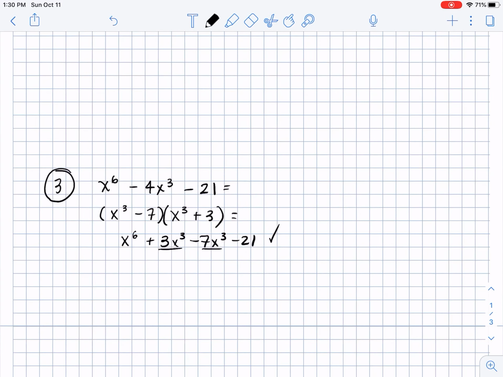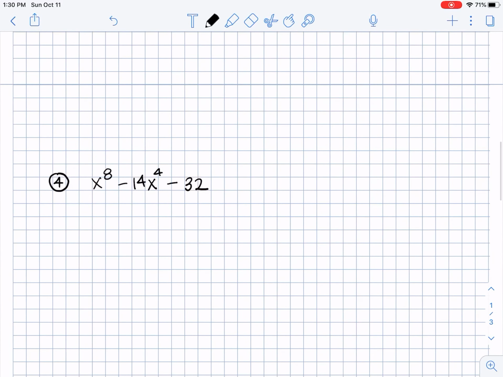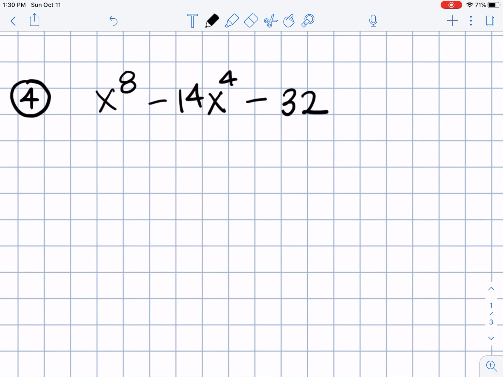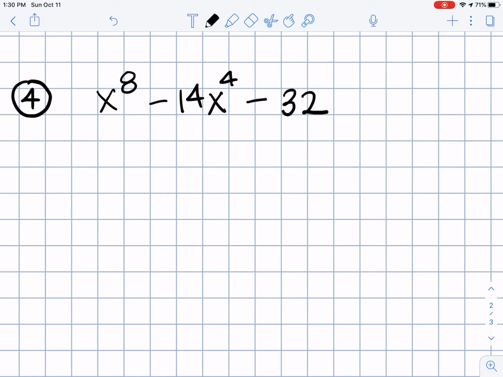Now, there is something else that we can do. It's my favorite thing. You can tell in my voice I'm excited and I feel a little sinister sounding perhaps. We've got 8. We've got 4. 8 is twice 4. We have x to the 0 right here. We can't even see it because it's invisible because any number to the 0 power is 1.